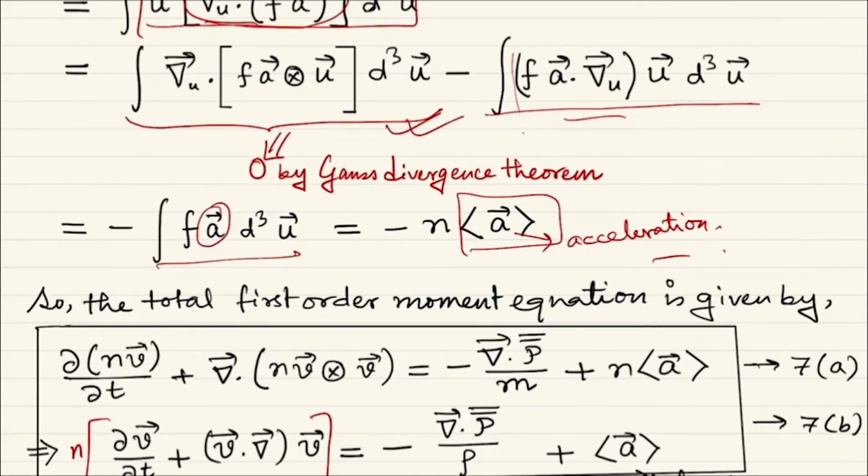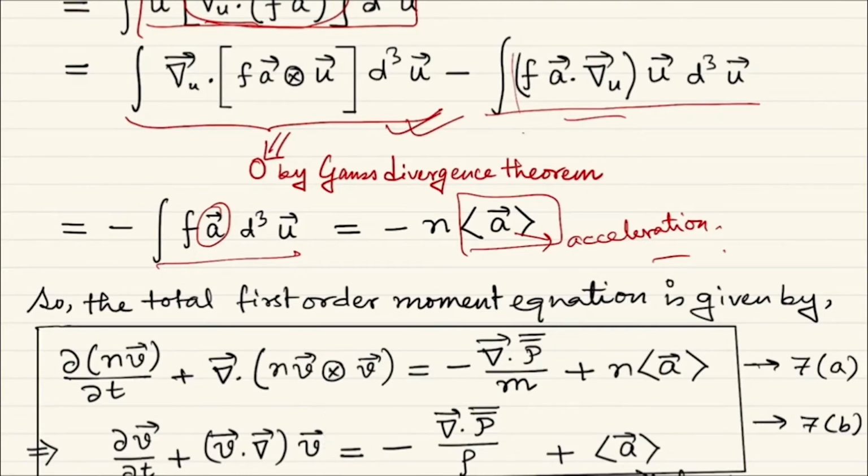Now if you multiply everything by m, there will be a rho everywhere, and that will simply be divergence of P. Then you again divide everything by rho. So finally you will have this form.